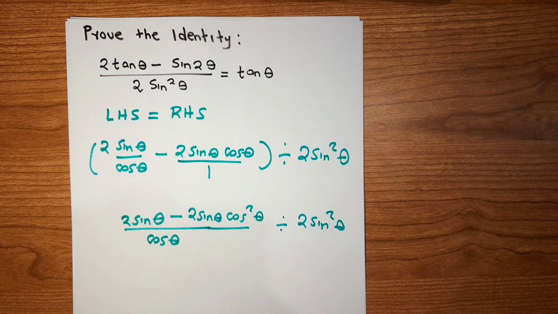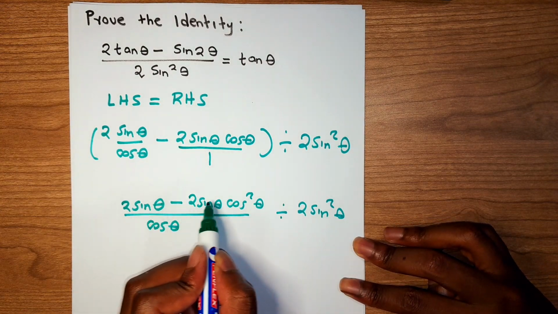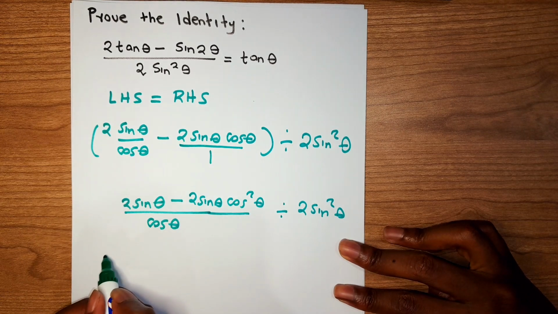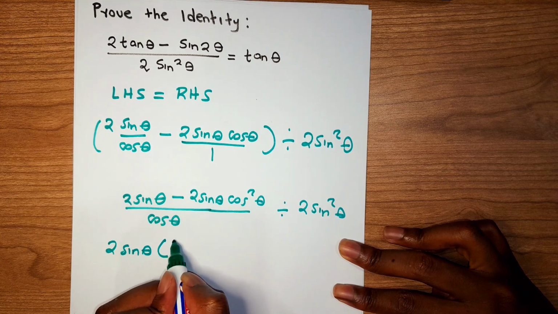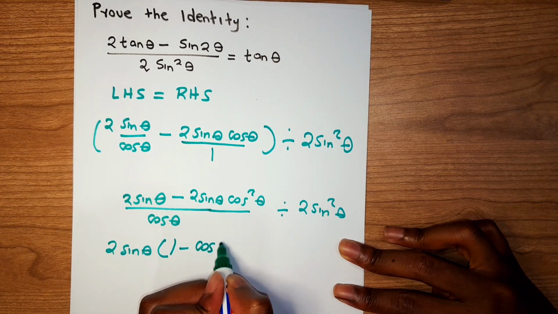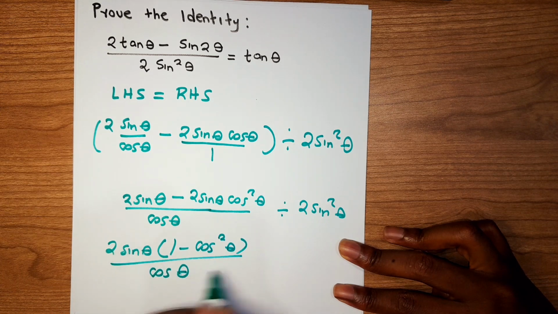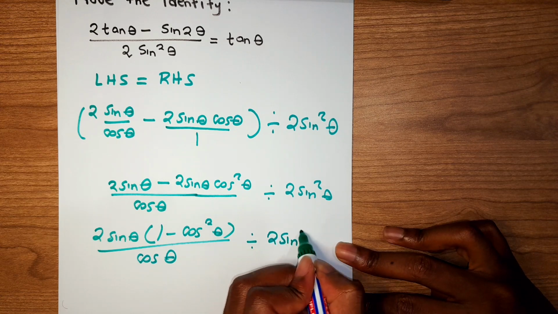I hope that no one has missed me up to this point. But here you realize that you have a common factor, and the common factor is 2 sine of theta. So you take out 2 sine of theta, and you'll be left with 1 minus cos squared of theta, divided by cos of theta, and then you divide this by 2 sine squared of theta.